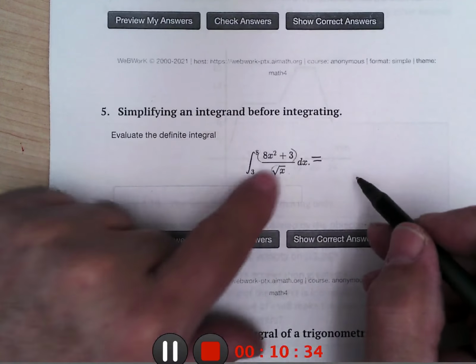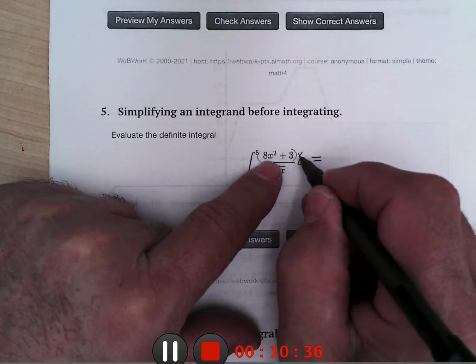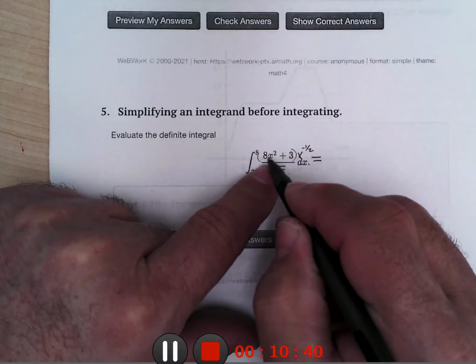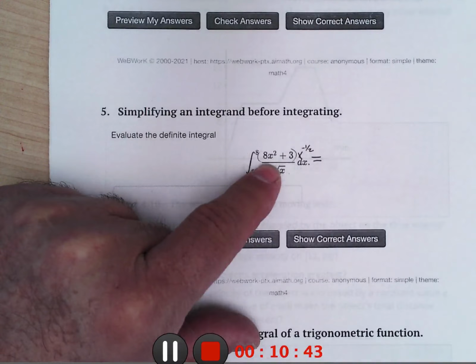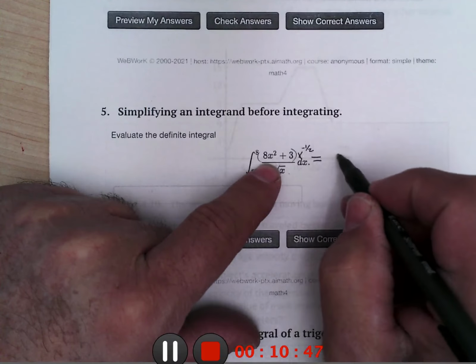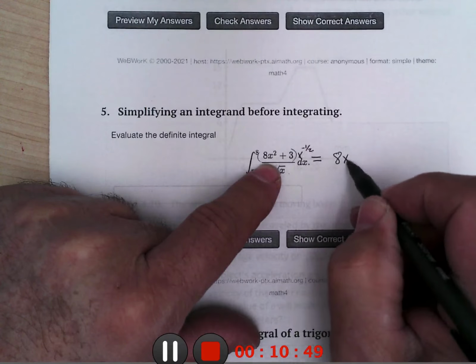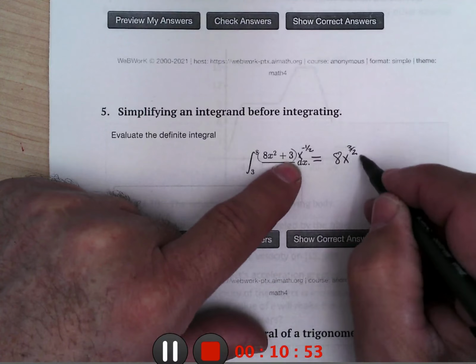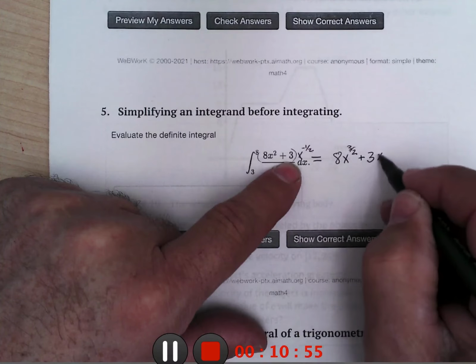So if I take x to the negative 1/2 times x squared, I get x to the 2 minus a half, x to the 3/2. So I get 8x to the 3/2 plus 3x to the negative 1/2.